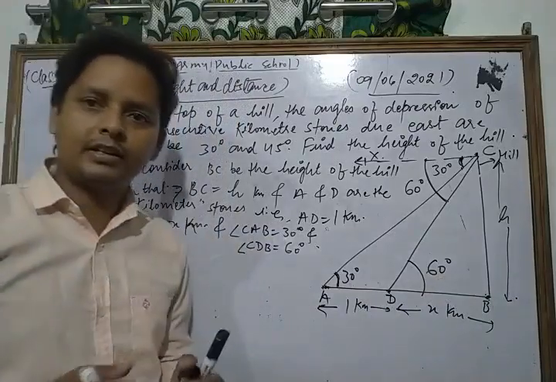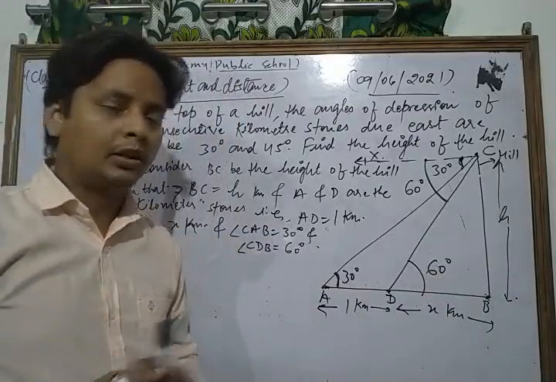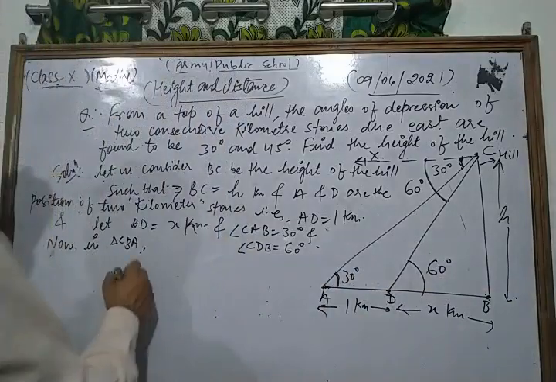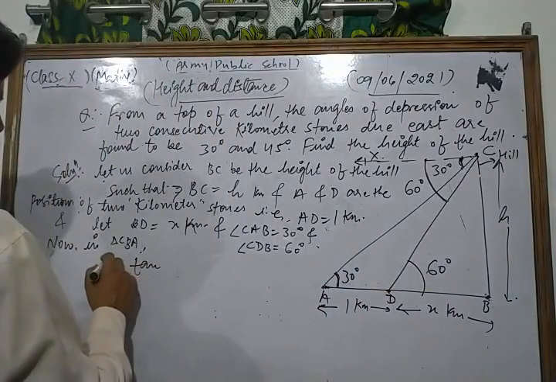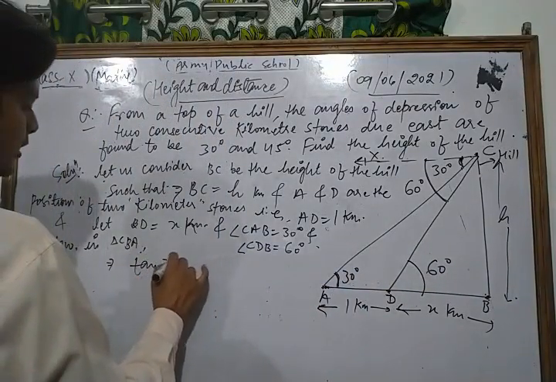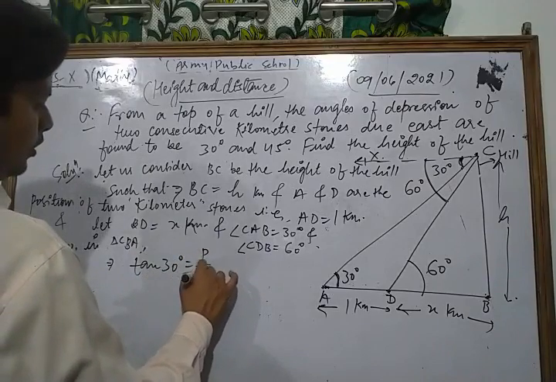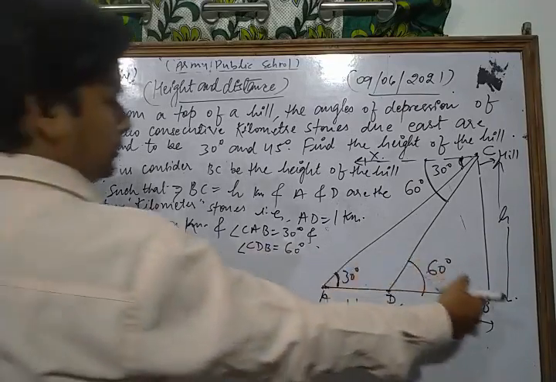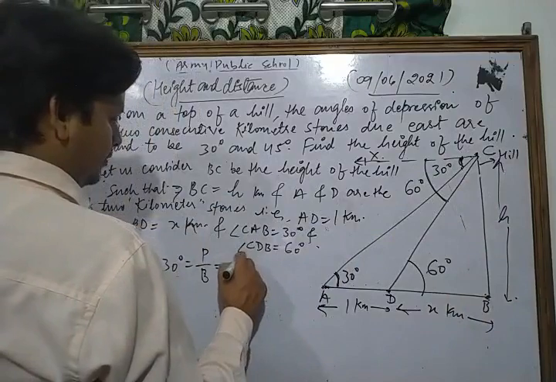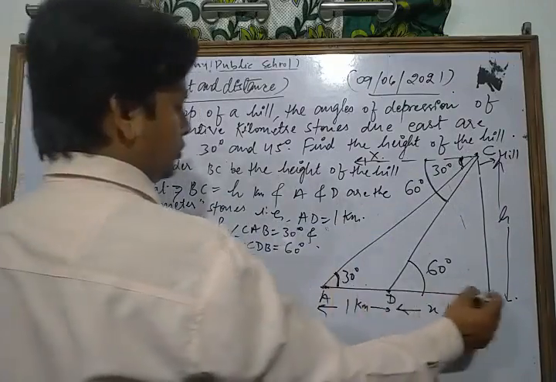Then we know that perpendicular and base come in tangent, so we apply tan of angle A, means tan of 30 degrees is equal to perpendicular upon base. Here perpendicular is BC, and base is what?